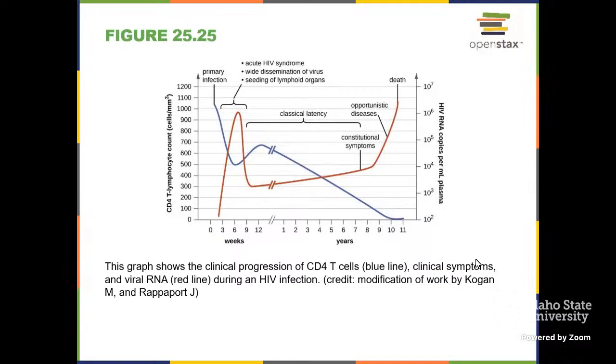All right. So what we are looking at here in blue is our T cell populations. In red, we're looking at the HIV, the virions or the virus. And we can see both of these interacting over the course of time.